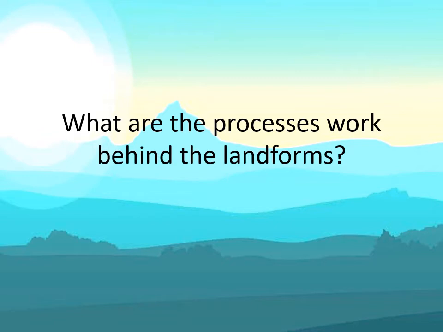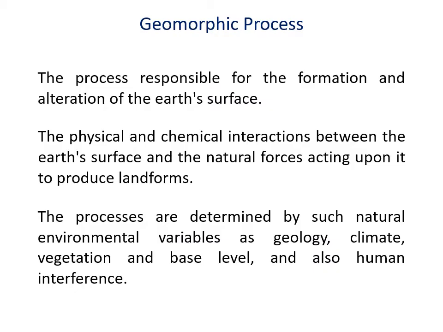Now, what are the processes that work behind the landforms? What is responsible for the formation of different kinds of geomorphological features? If we try to define geomorphic processes, they are all kinds of physical and chemical interactions as well as biological interactions that happen between the Earth's surface and the natural forces, under superficial as well as subsurface conditions.